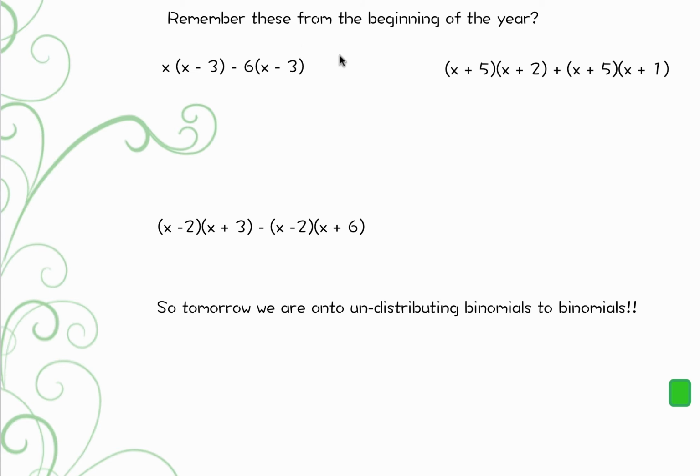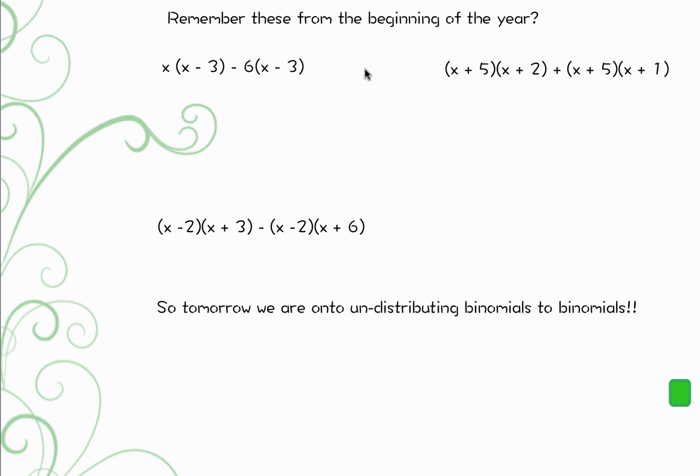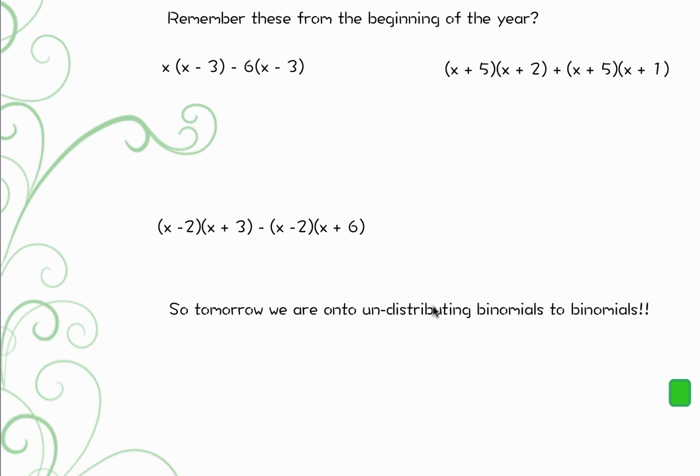All right, just a real quick. If you noticed, everything on the last page, there was a monomial being distributed to binomials or trinomials. Tomorrow, we're undistributing binomials to binomials. But just to give you a little look at what that would look like, well, if we look here, that's one term, and that's another term.